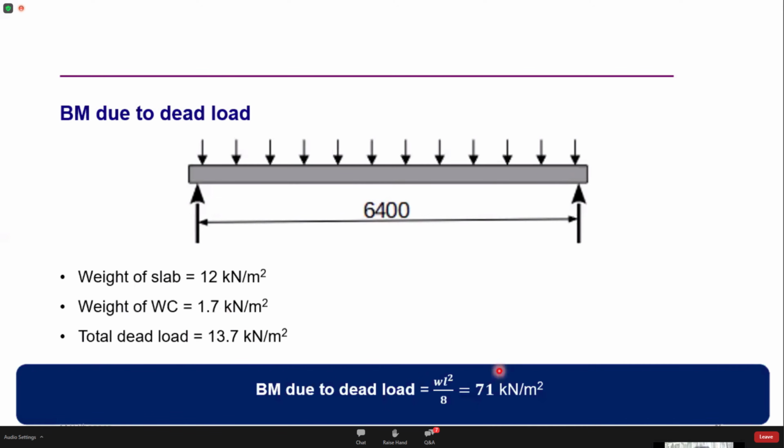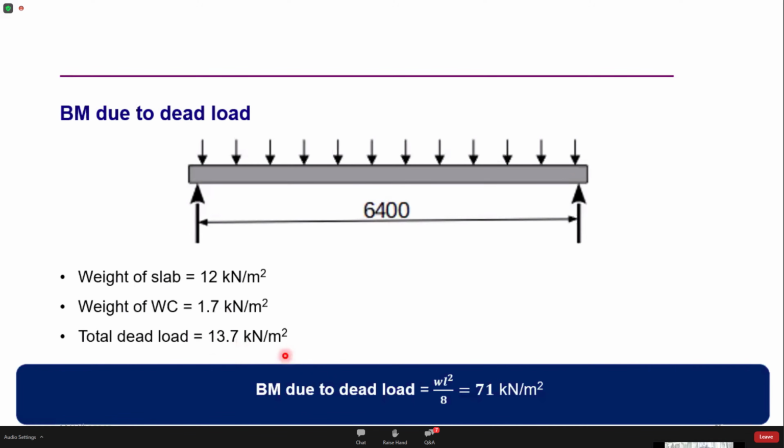Again, I'll go back to the fundamentals here. I have a culvert of span 6.4 meters. I'm interested to find out, first, the bending moment due to dead load. The weight of the slab I can calculate by multiplying the thickness of the slab by the density. The weight of the bearing course I can calculate by multiplying the thickness of the bearing course by the density. I can add those together, which gives me the total dead load.